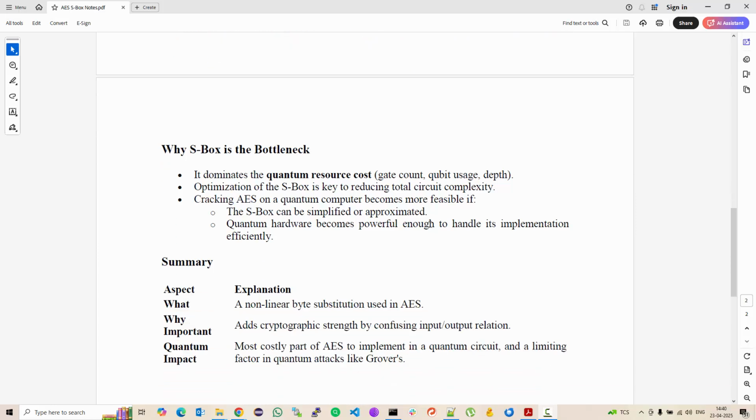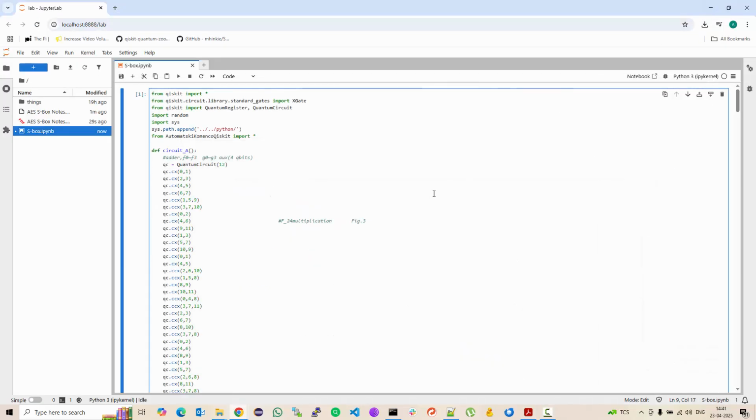Now, various efforts have been made to implement the S box with various degrees of circuit efficiency. We are going to show you an example where we have three variants of the S box, and we are going to run them and show what their output is vis-a-vis the classical output.